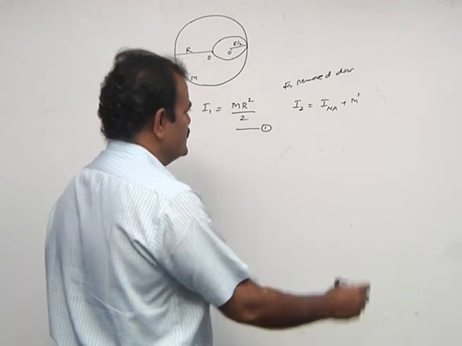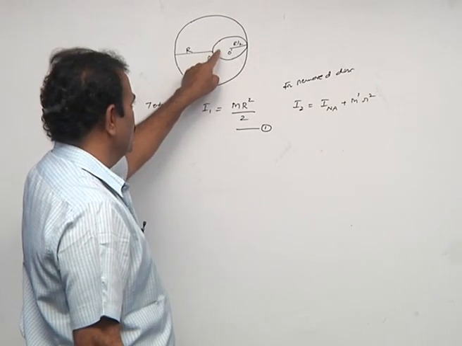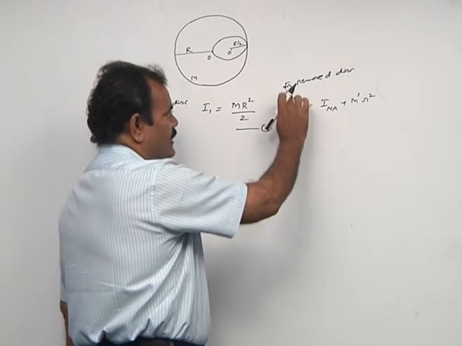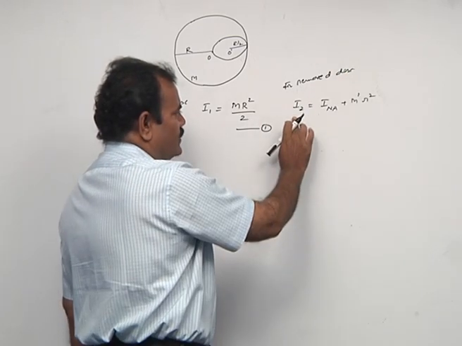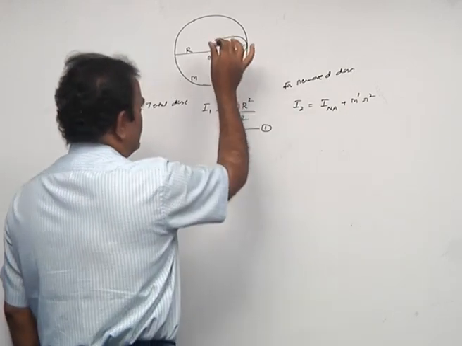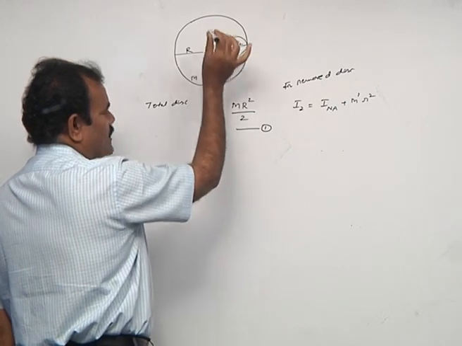And the distance of separation is very simple, it is nothing but r by 2 between these two axes. So once again, for the removed disk I2 is equal to, here you have to apply the parallel axis theorem because two axes are appearing, one is here and another one is here. You are supposed to find out the moment of inertia about this axis only.